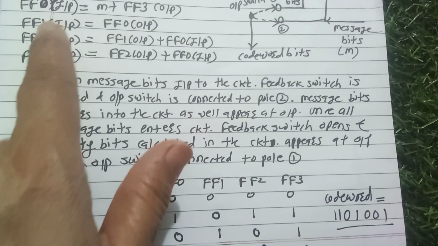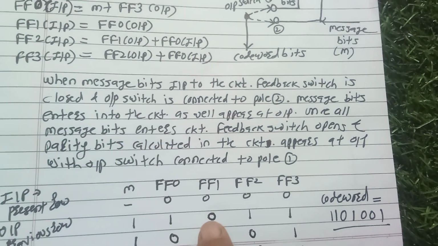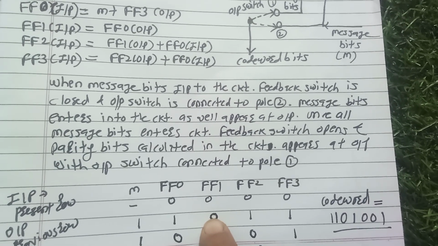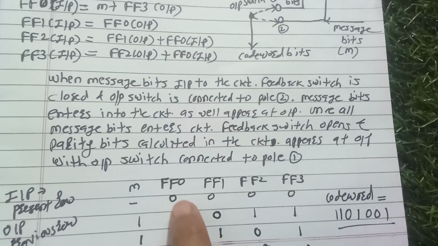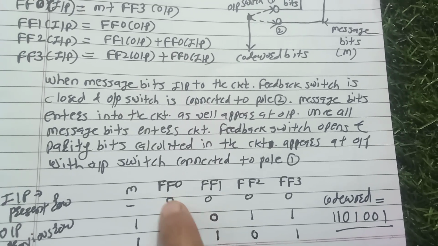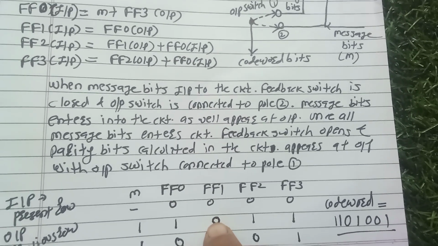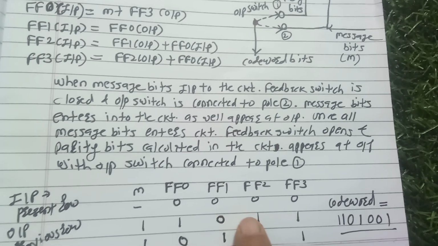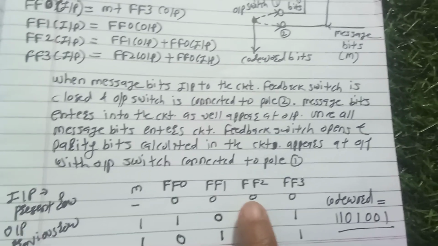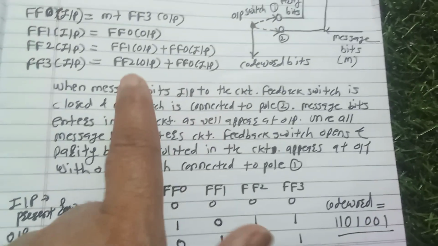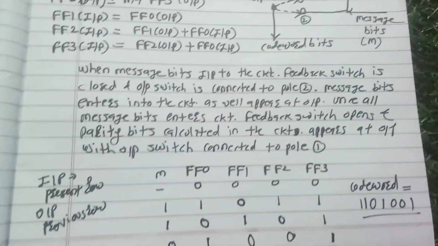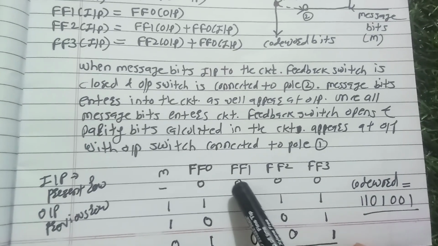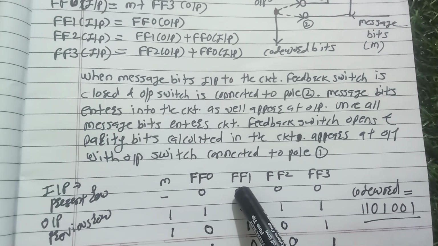Now what is flip-flop 1 input? That is equal to flip-flop 0 output, so this one. What is flip-flop 2 input? Flip-flop 2 input is flip-flop 1 output from the previous row plus flip-flop 0 input.